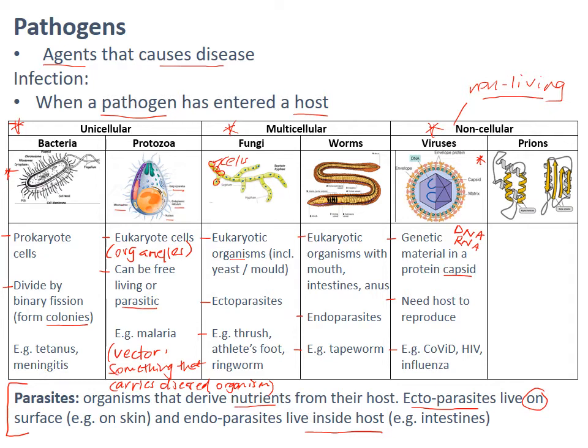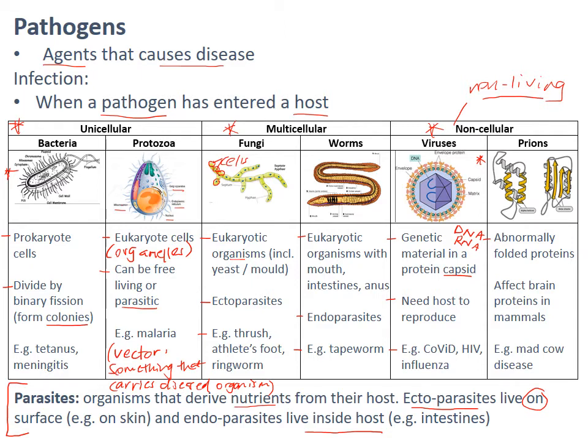And our last non-cellular pathogen are prions. And you may remember this coming up in your Year 11 SAC. A prion is a protein that hasn't folded properly. So if we remember how a polypeptide chain goes through these changes and folds into a shape, a prion is a protein that folded abnormally, and then it can actually affect the proteins around it and make them fold abnormally.